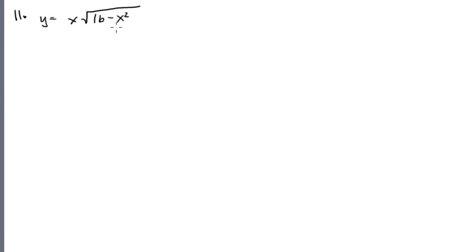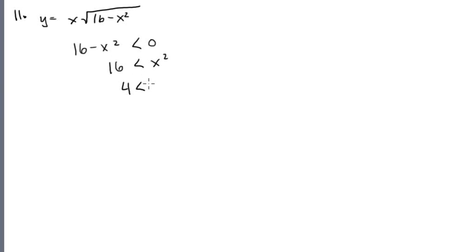So we can answer where we're going to take a square root of a negative number, whenever 16 minus x squared is less than 0. So we can add x squared on both sides there, and take the square root of both sides.